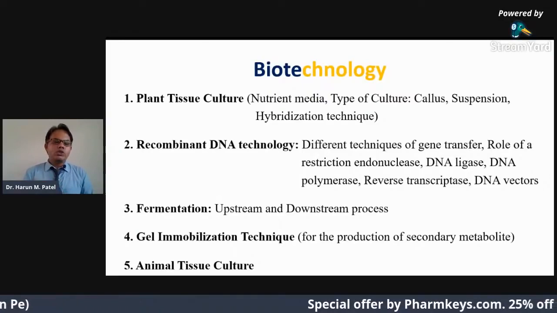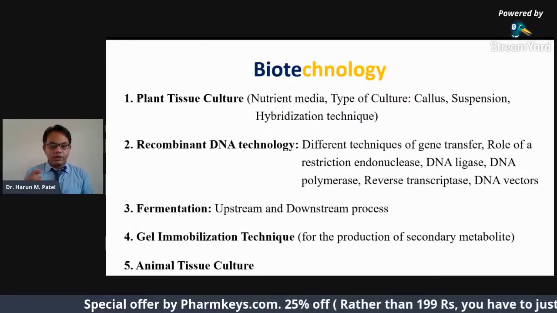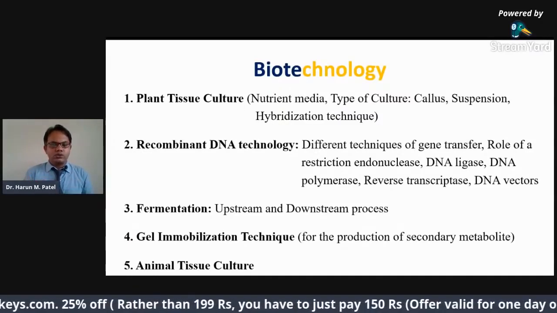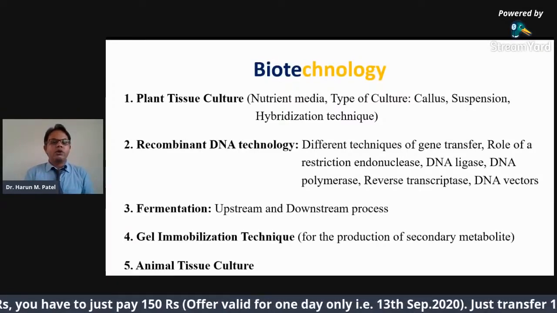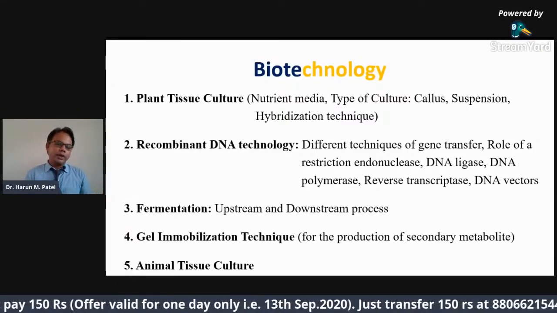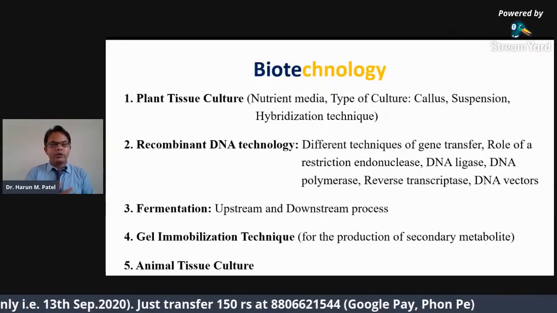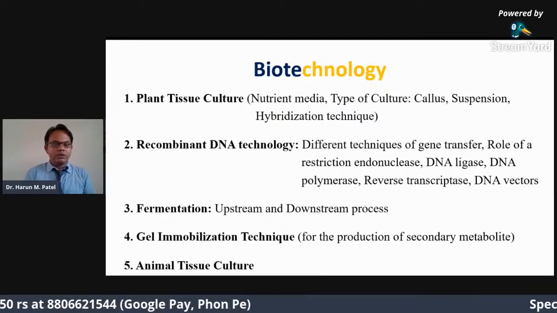The next and most important topic from biotechnology is recombinant DNA technology. This is the most important topic from biotechnology, I can say that. With the help of recombinant technology, today we have synthesized different kinds of hormones and different kinds of enzymes.